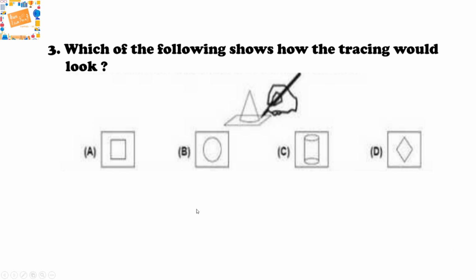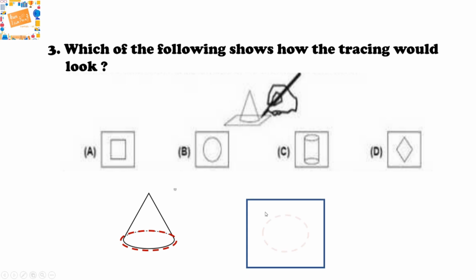Here, when we look at the cone, the base is circular. So we can see that the cone is placed on a square. So when we look from the top, we'll see a square and we'll see a circle in between, just like the circle base of the cone. That's why our correct answer is option B.